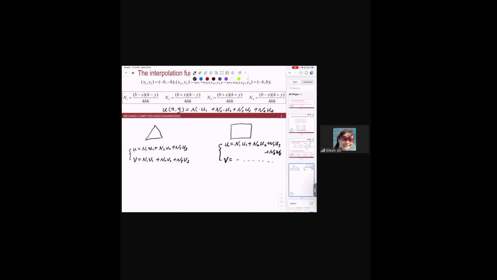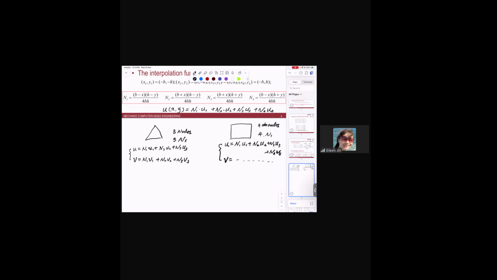Okay, now we can find that for the triangle element, we have 3 nodes, so we have 3 shape functions, N1, N2, N3. And for the rectangular element, we have 4 nodes, and there are 4 shape functions.